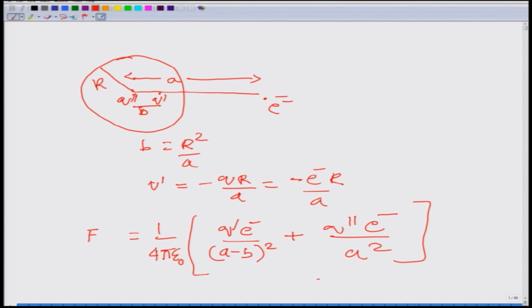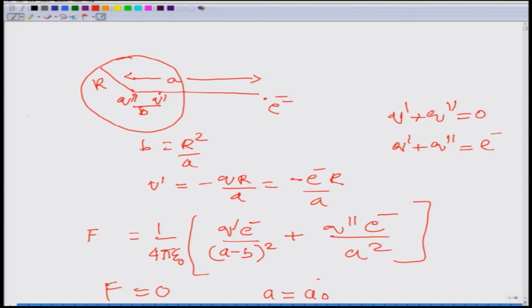So in problem 3.9, you had put q prime plus q double prime to be 0 because the conducting spherical shell was neutral. But in this case, the total charge has to be E minus. So keeping this in mind, one can find the distance a for which the electron which is placed near the conducting spherical shell is at equilibrium. So F is equal to 0, and you solve the equation and get the required a, which I am calling a naught.